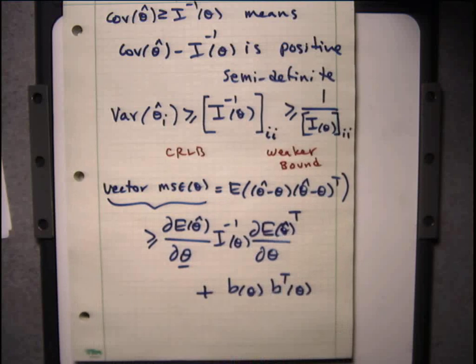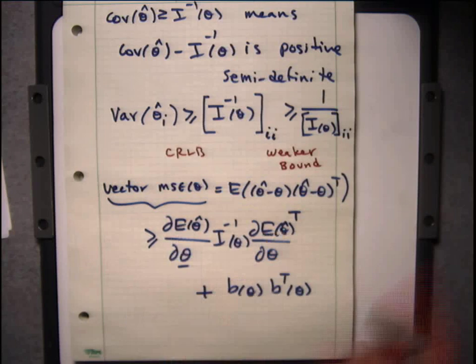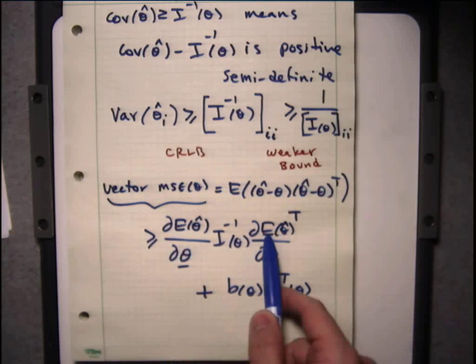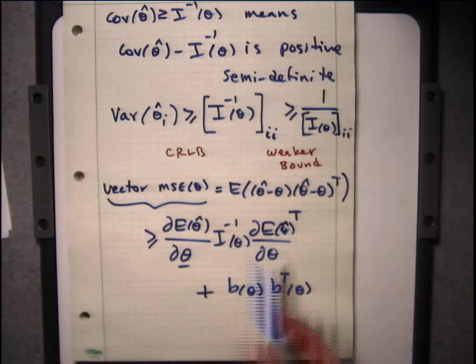This is an interesting thing, because if your estimator has a constant bias, then this part doesn't matter, because dE theta hat by d theta is a constant.